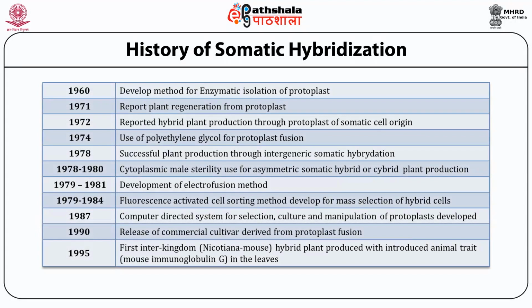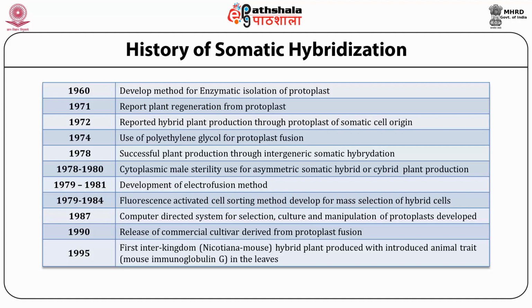Now let me share with you that the possibility of forming cells without cell walls was visualized way back in 1892 by Klercker, who demonstrated isolation of protoplast by incubating cells in plasmolysing solution and manually cutting them with a sharp knife. But of course, this method was possible only for vacuolated cells, and the success rate was very poor.